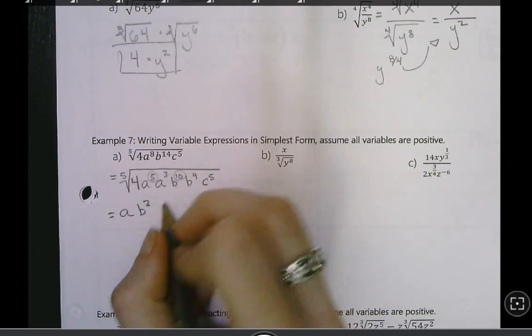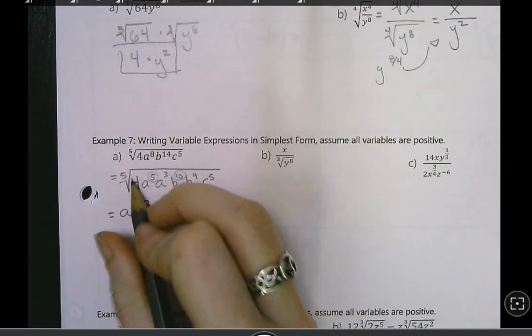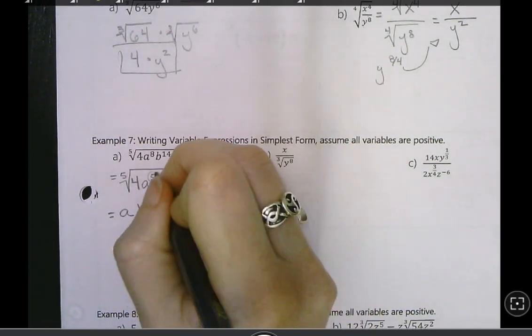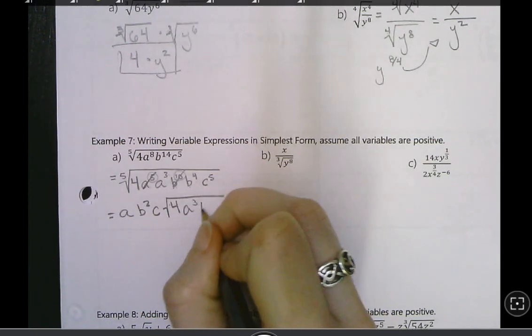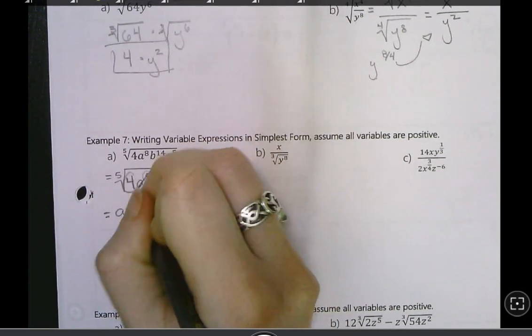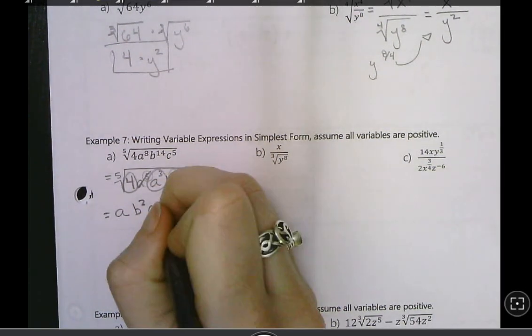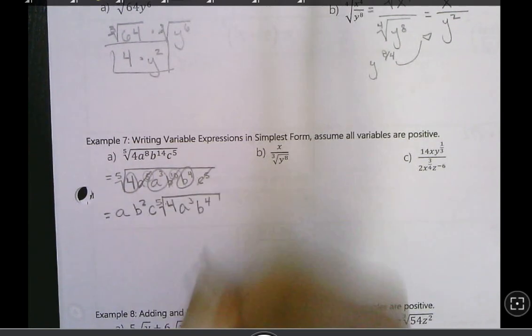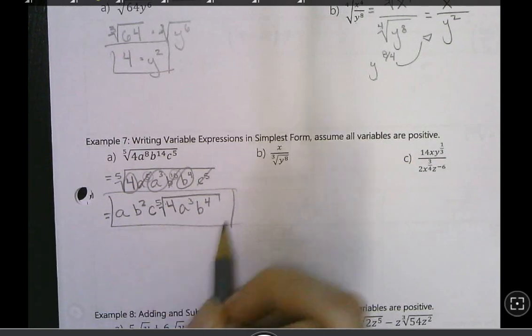C to the 5th, though, brings one c out. So now I write everything that was left behind. Okay, I left the 4 behind. I left the a cubed behind. B to the 4th, and then we had used that. So the things I've circled here are the 3 that were left behind underneath our radical. And don't forget to carry that 5th root down. This is going to be our simplest form for this.